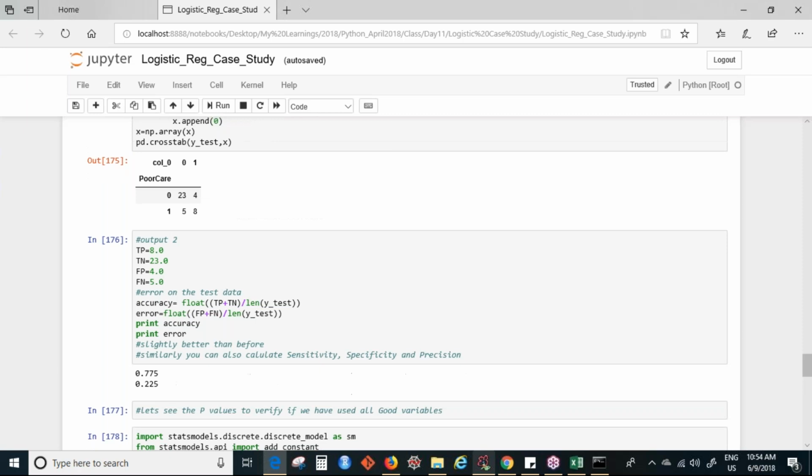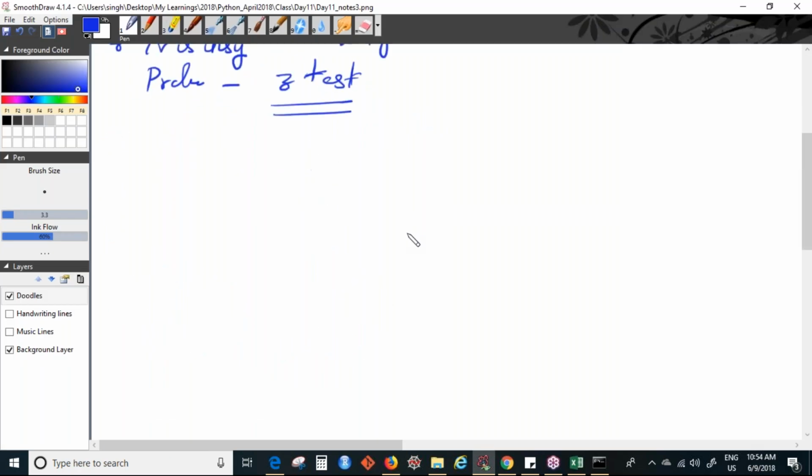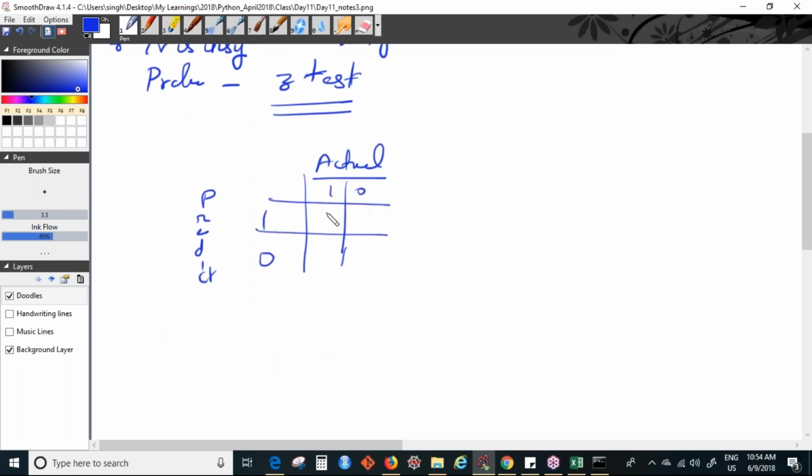No, Nitish. Then if you don't give Y train first, then you will have your actual values here. We discussed this in the previous class. And you will have your predicted values here. So you will have your graph like this, and accordingly you will compute your accuracy, your precision, everything. That is the only difference.